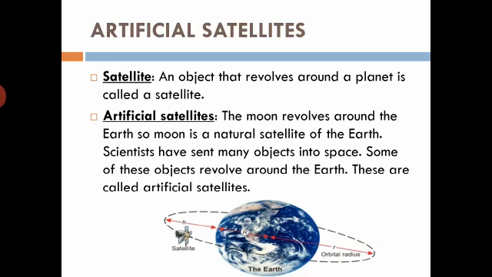So if we see that this is the Earth and the satellite is moving around the Earth in a circular path, and the distance of the satellite from the Earth is R plus h.